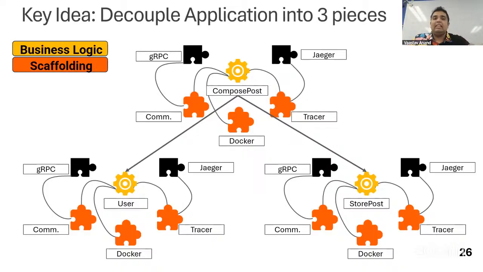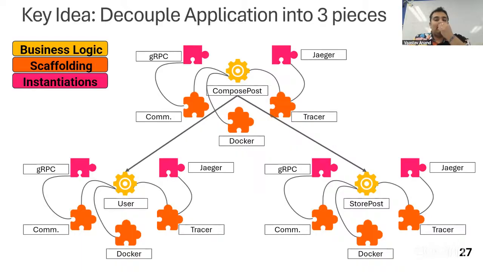The third and the final piece are the binding choices, or what we call instantiations. These provide specific implementations of components, such as what type of cache to use, choice of scaffolding, such as the choice of the particular RPC framework, and choice of deployment, as to whether the system should be deployed as Docker containers on a local machine or a Kubernetes cluster.